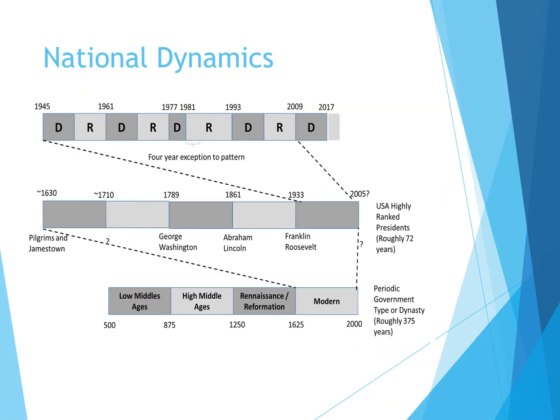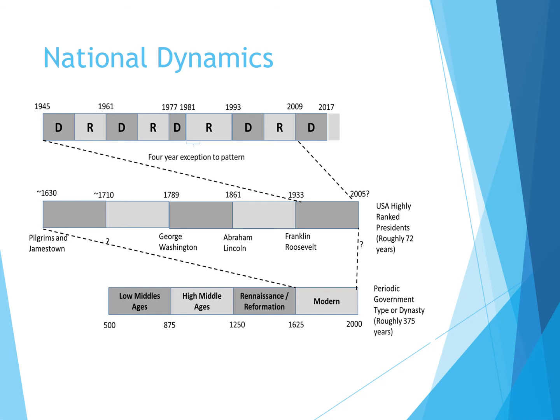Within these, besides technology, there are also dynamics within the country. So I took a look at the US, and here we take a look at 3 separate patterns. The first one at the top is the US being part of world leadership from 1945 to the current time.